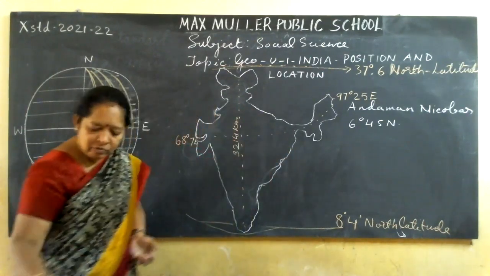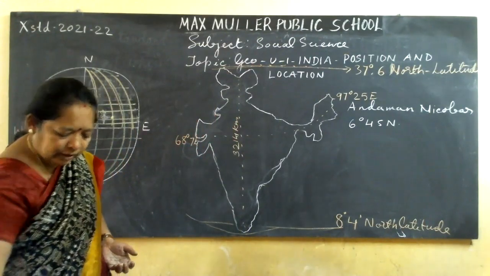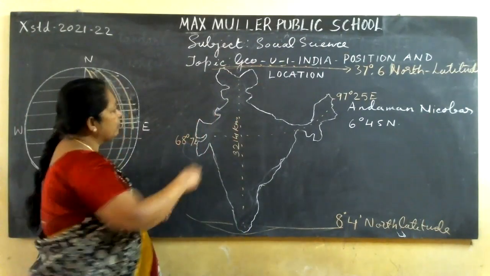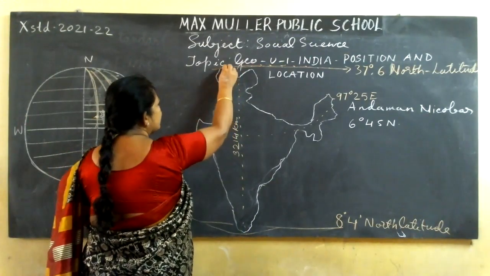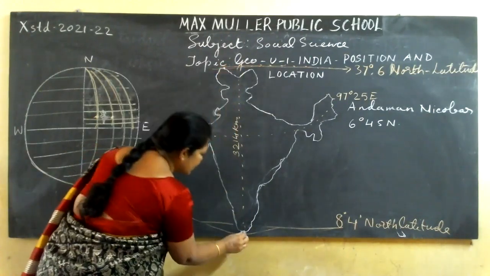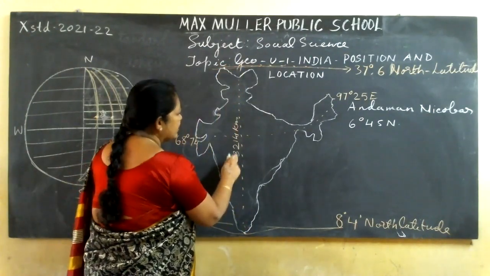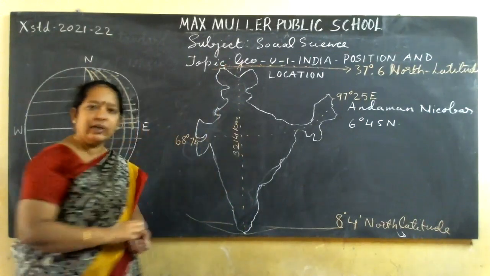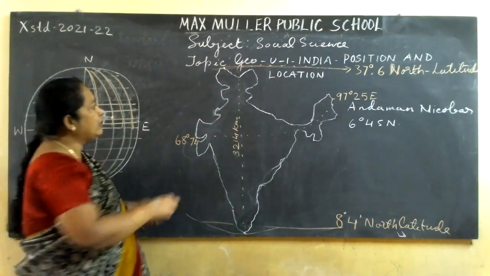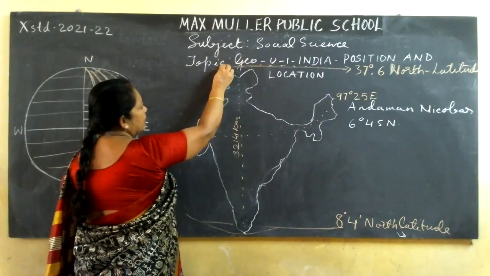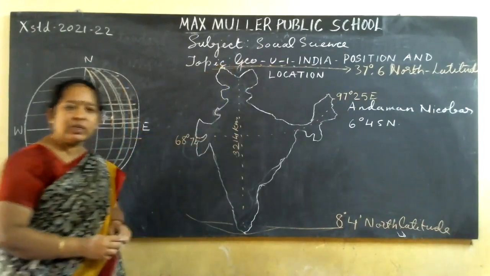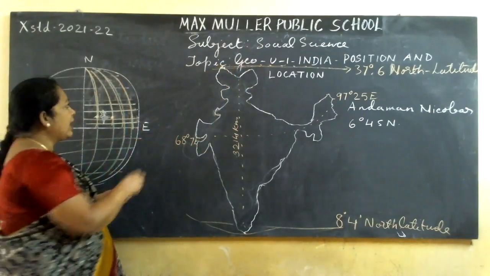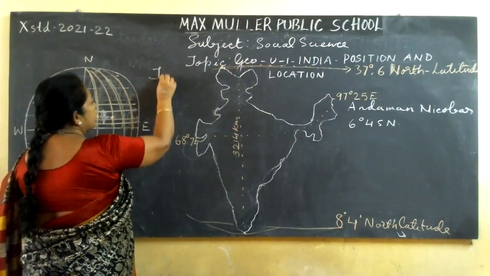How much? From here to here. If you are seeing the measurement from this point to this point, it is 3,040 kilometers, and the tip point, this point in Jammu Kashmir is called Indira Col.